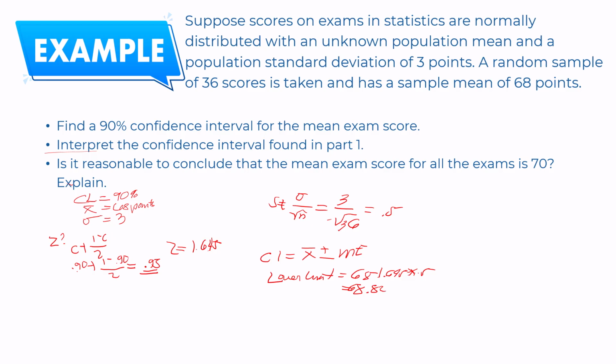For the upper limit, 68 plus 0.5, so that's 68 point... I'm sorry, that is actually the plus. So this is minus.